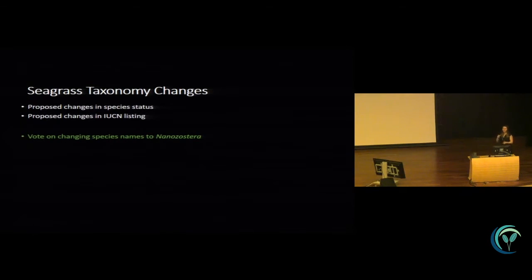Okay, so how many people really are unhappy with this idea of the Nanozostera? So I want to add to the confusion. Okay, great. There is an equally likely scenario where we don't recognise any of the Nanozostera or Hetrozostera.